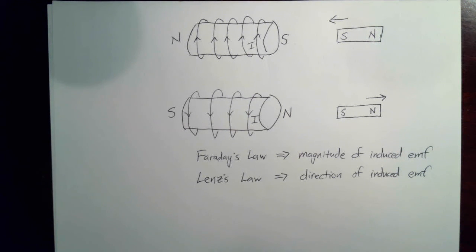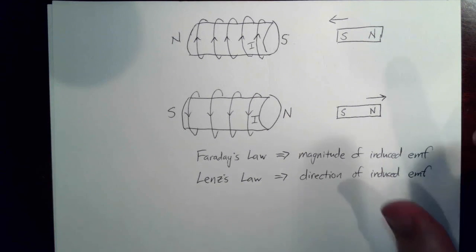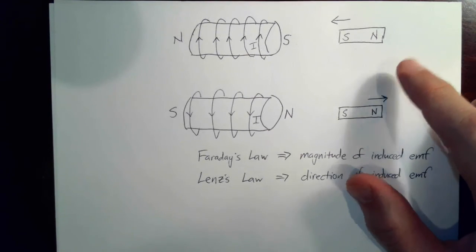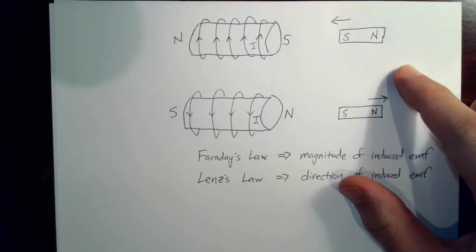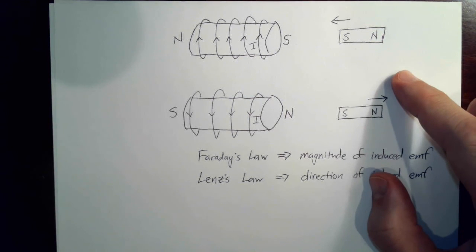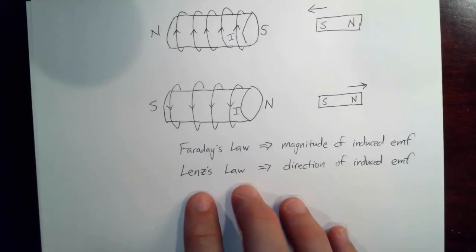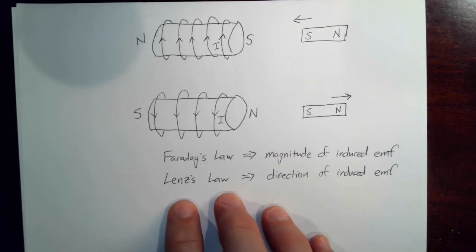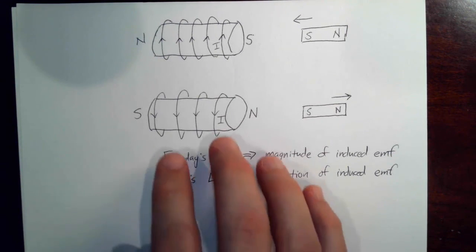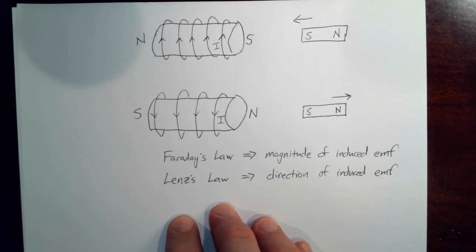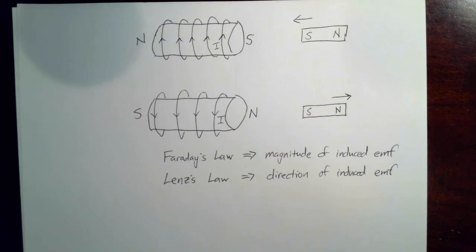Think about inertia as the resistance to change. This is electromagnetic inertia. So you can think of Faraday's law, along with Lenz's law, as describing electromagnetic inertia, nature's tendency to resist change in an electromagnetic sense.